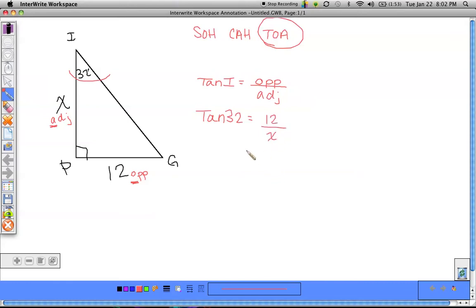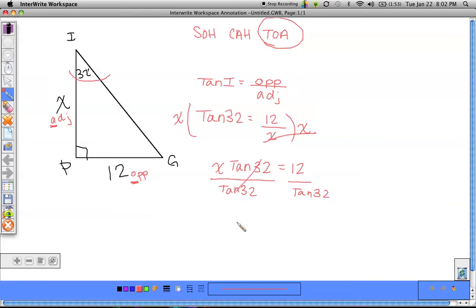So now from here we just need to solve for x. To do that we can multiply both sides by x to get x out of the denominator. So we're left with x times the tangent of 32 equals 12. And now don't let that tangent of 32 scare you. It's still a number, so we can just divide both sides by the tangent of 32 to get x alone.